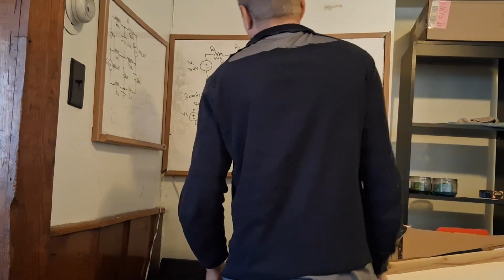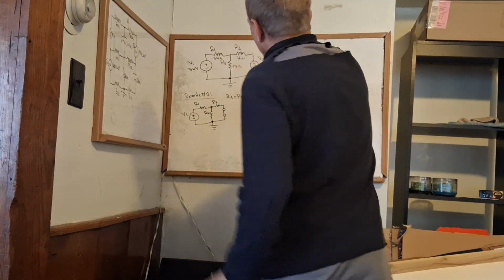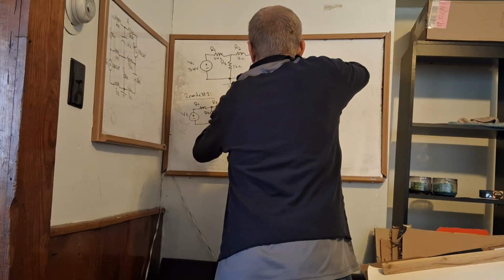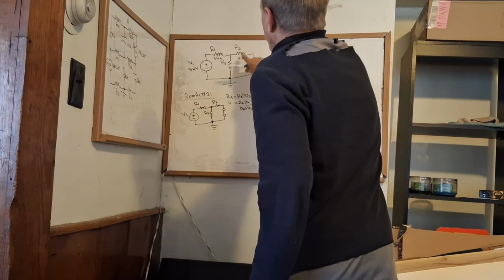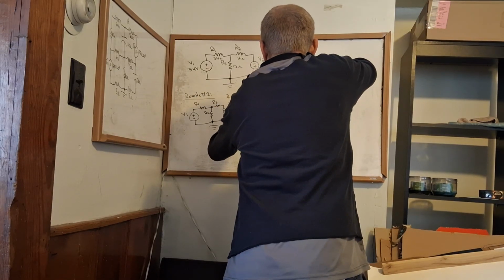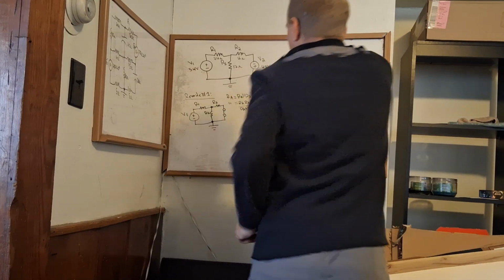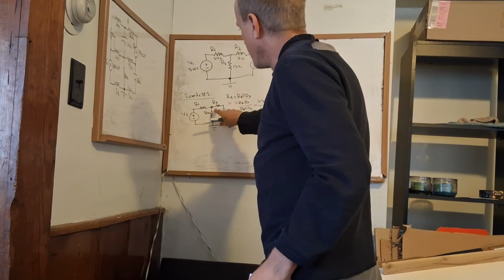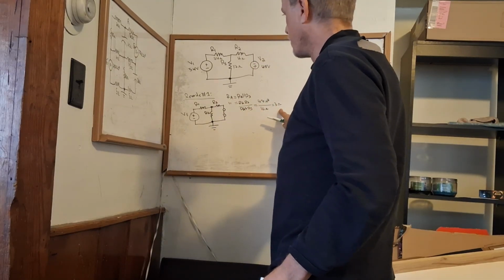Now if we look, these two in parallel, it's product over sum. If we do the product of these two, it's 48 ohms squared, and divide that by 16 ohms. We get 3 ohms. If we redrew the circuit and replaced this parallel combination with one resistor, it would be a 3 ohm resistor.